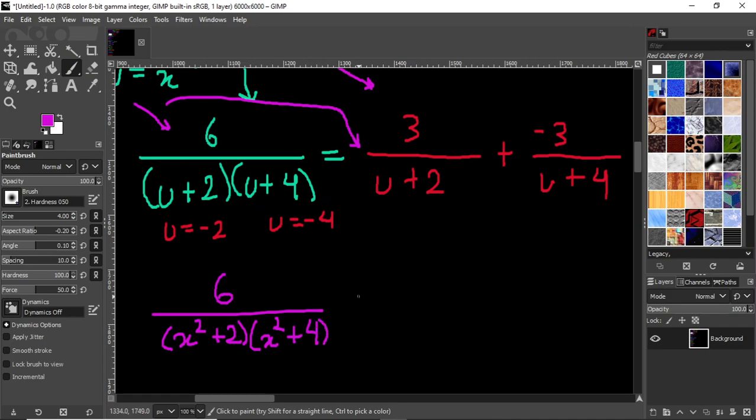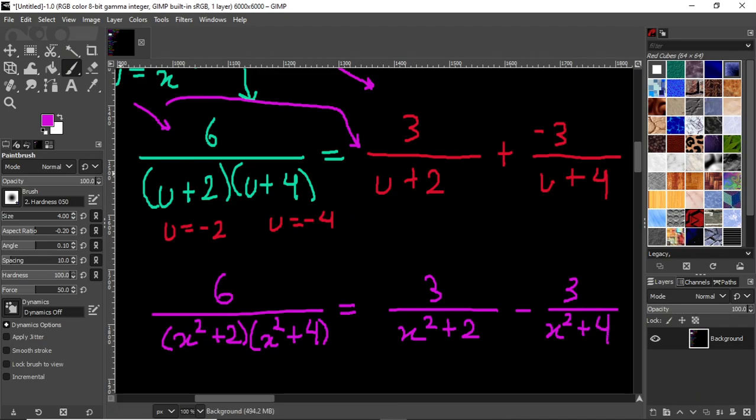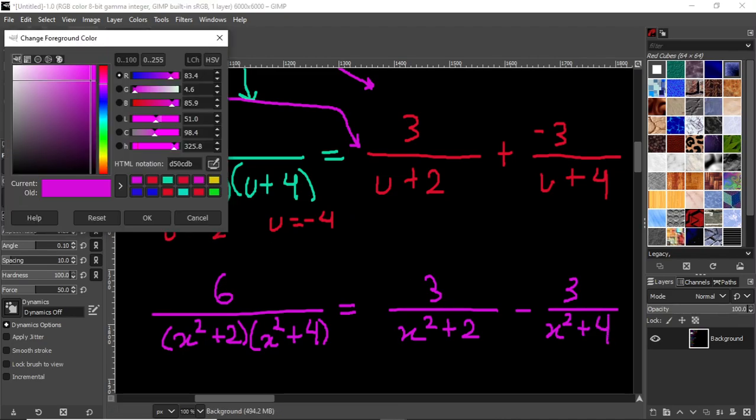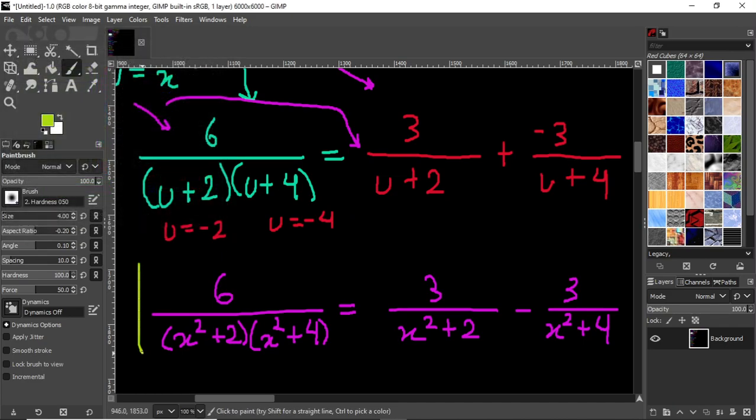I'm just back substituting for you. So this equals 3 over x squared plus 2, that's u, minus 3 over x squared plus 4. Voila, we have our partial fractions. We got them pretty easily.